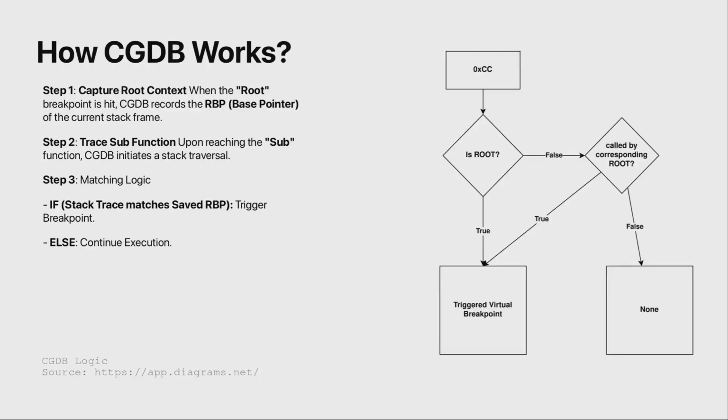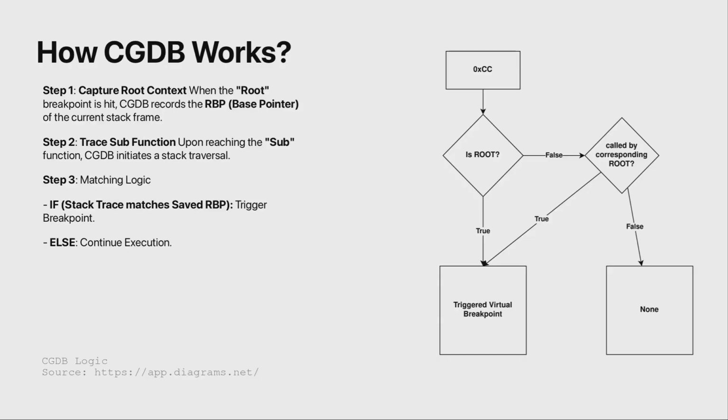And next, what is my approach? The core mechanism of CGDB is to identify the execution path between a sub breakpoint and its root caller by inspecting the stack frame. Whenever the designated root is hit, CGDB captures and stores the current RPP.